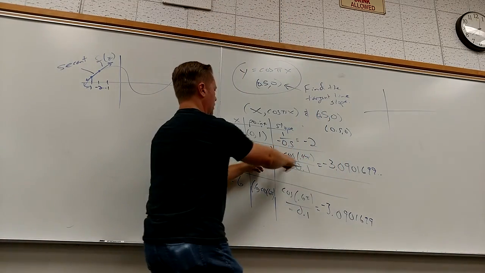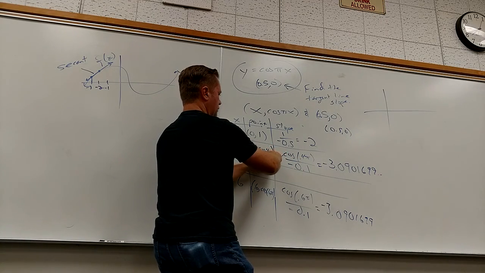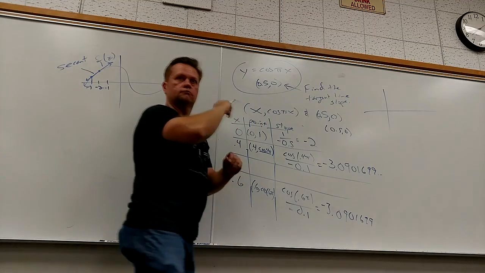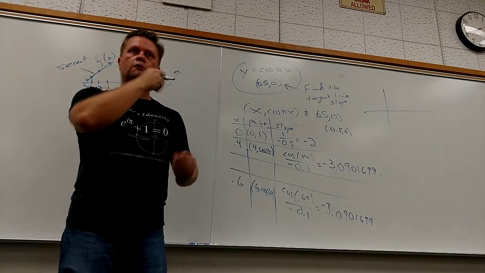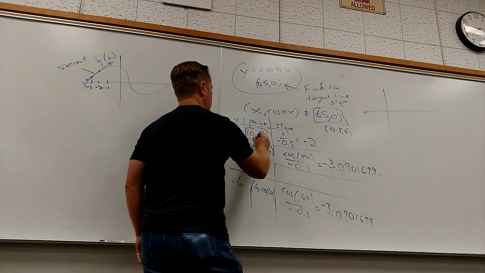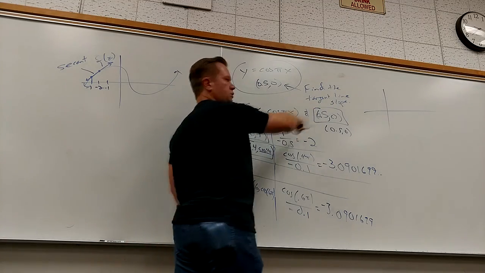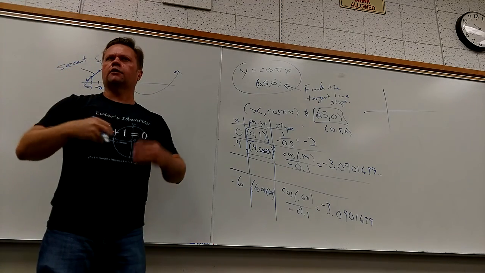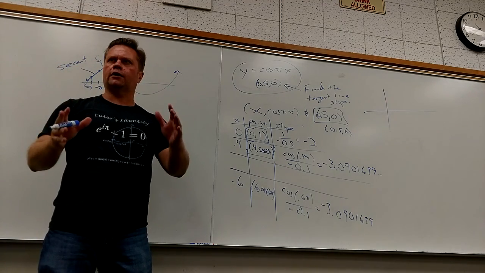0.1? Okay, so how do I get this? y2 minus y1 over x2 minus x1. This is the point I'm curious about. These are the points that are stepping closer and closer to that point. I find the slope between each of them so I can get a feel for what the slope is right there.